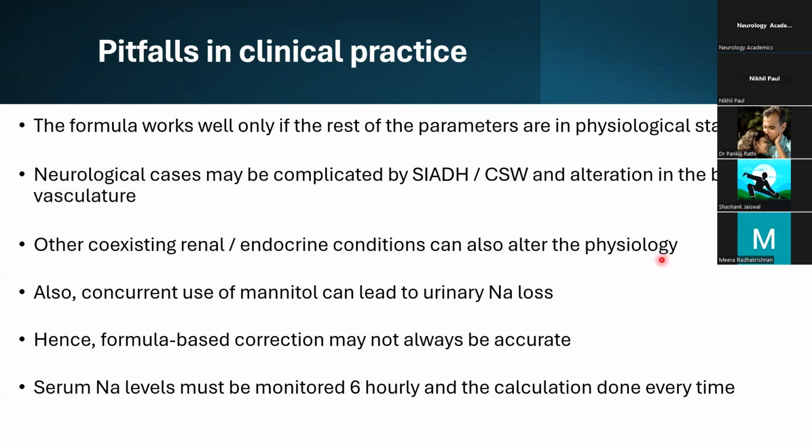If there are coexisting renal or endocrine conditions, they can also alter the physiology. And if we are giving mannitol along with 3% saline, mannitol can lead to both urinary water and sodium loss, but we cannot really predict how much water or urine is lost by mannitol. Hence, when we give it together, our correction may not always reach our target.